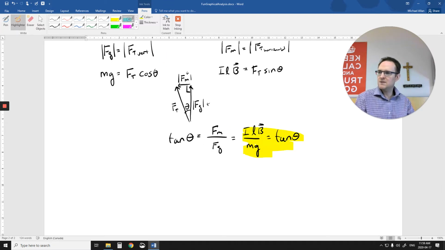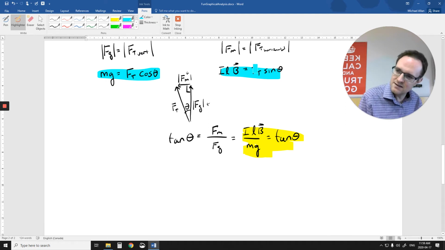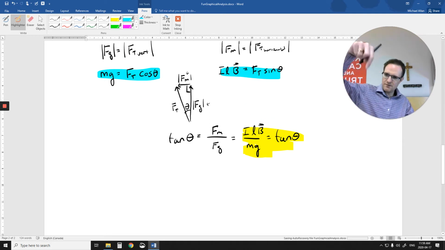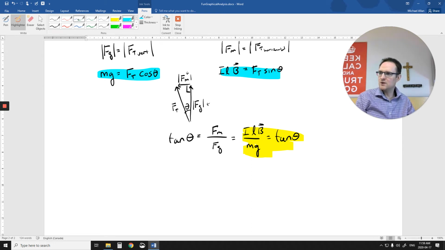Now I can get the same thing by combining these two formulas together. If I were to put those two together, I can isolate for Ft on one side and substitute on the other side. It would eventually change into this formula as well. So you could do that as well. So here I have a formula now that relates everything that I have. What do we have?